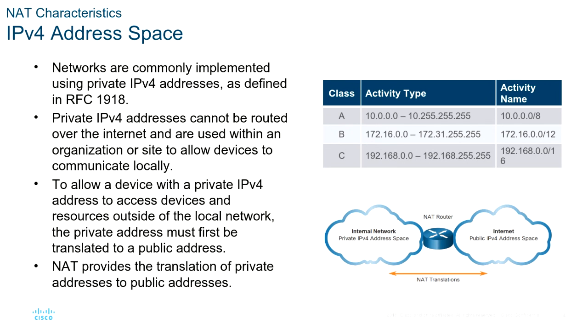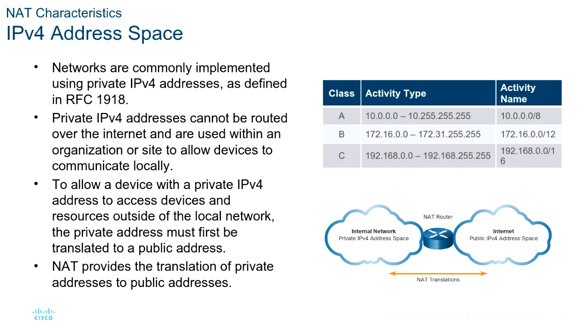So private IP version 4 addresses can't be routed over the internet. They're only for use inside your home, inside your company, inside your organization, inside your corporation. So if I allow these addresses to flow out unchanged into the internet, they would be dropped. They wouldn't be transmitted.